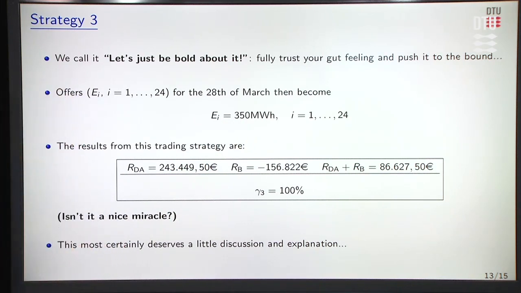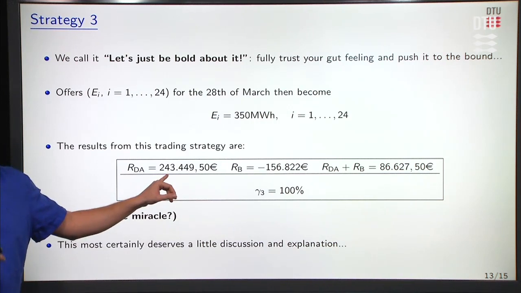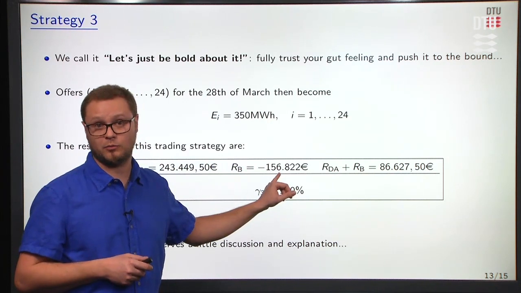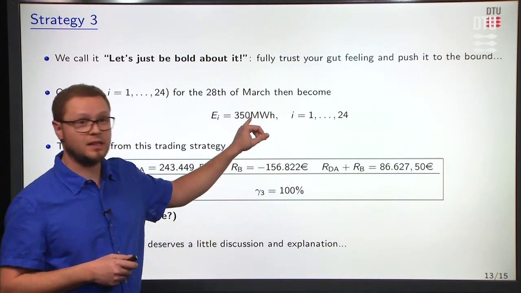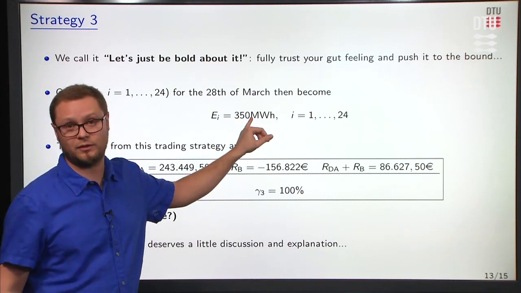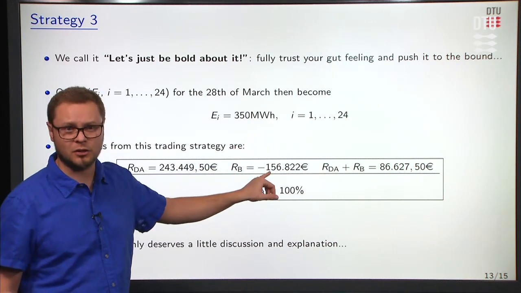The results of this trading strategy are that we get a very high revenue from the day-ahead market. We have a very high payment from the balancing market. Obviously, you've seen before from what actually happened that we did not produce 350 megawatt hour for each and every hour of the day, so we have very high deviations.